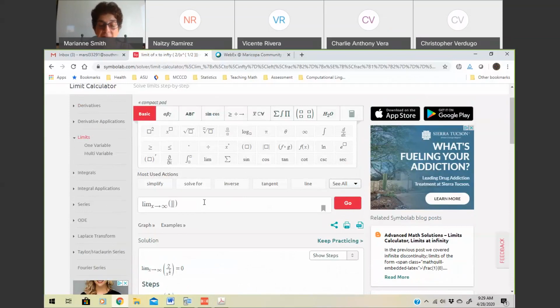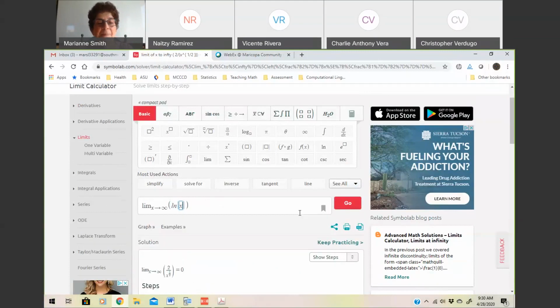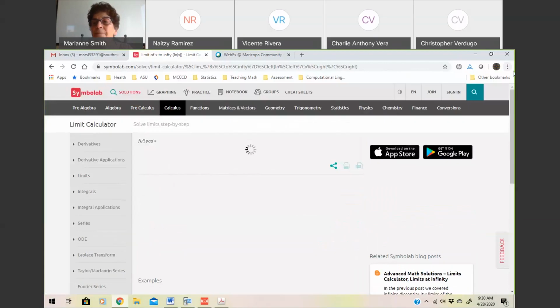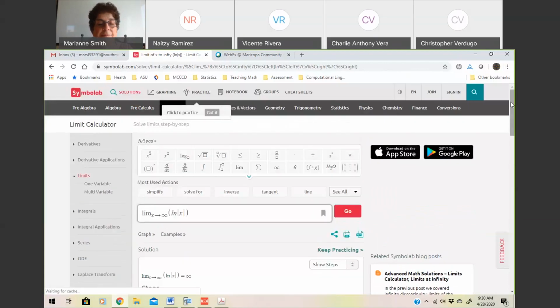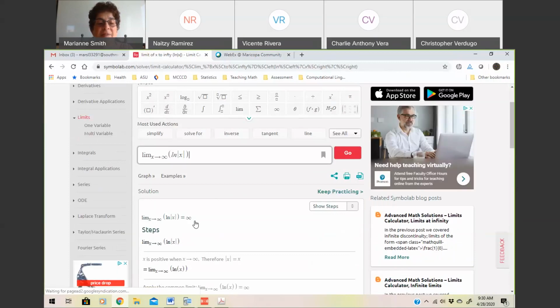So I'm going to try this, ln x. And you can see, oops, that gives me an infinity. So essentially, as x gets very large, the log of it, base e, also gets very large.